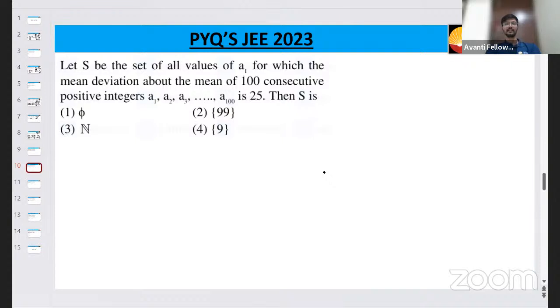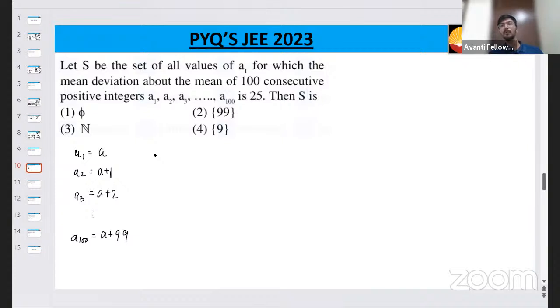These are 100 consecutive positive integers. So that means a1 is suppose A, a2 will be A plus 1, a3 will be A plus 2. Consecutive integers, right? So a100 will be A plus 99.